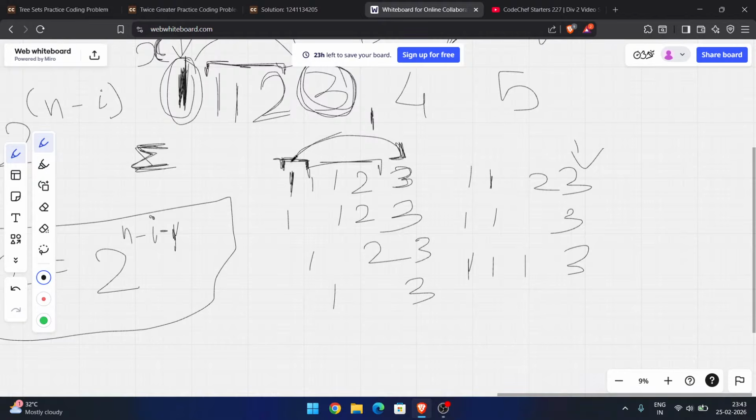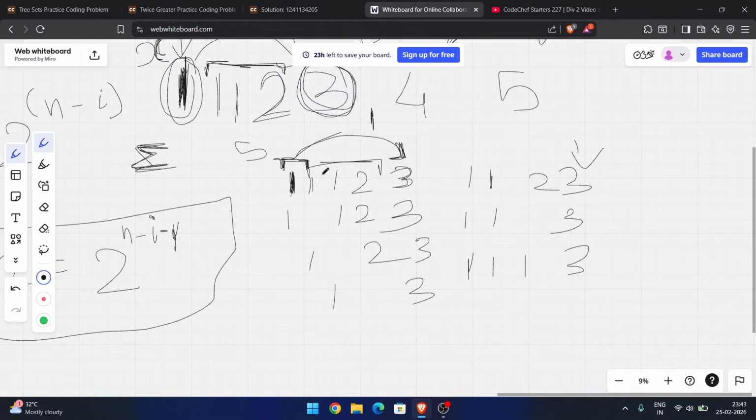Let's suppose this index had 5 subsequences which were ending here, so the answer before this was 5. Now if I take this or not take this, it doesn't matter. This answer would be directly coming here.